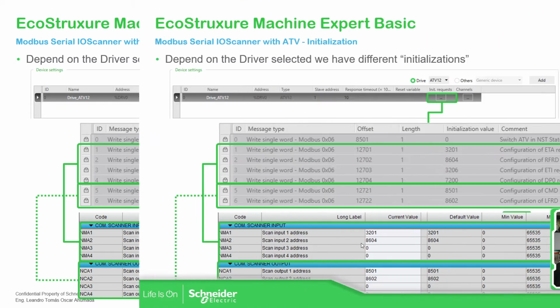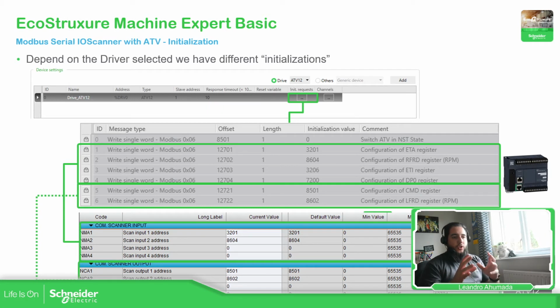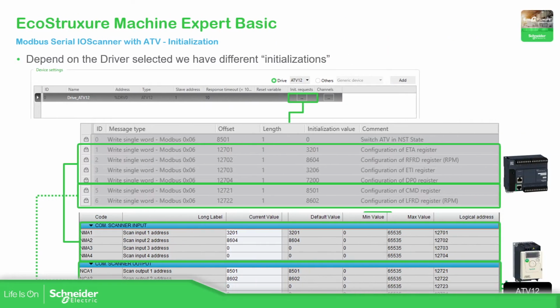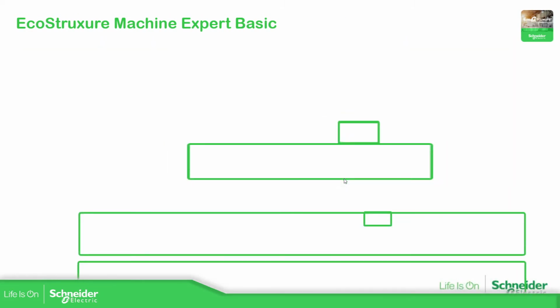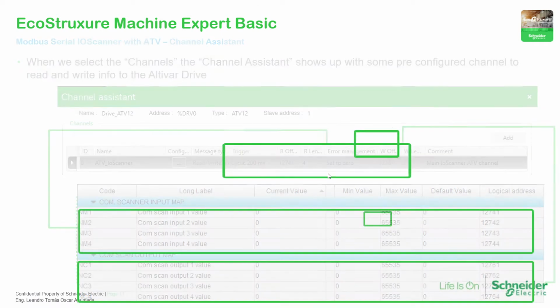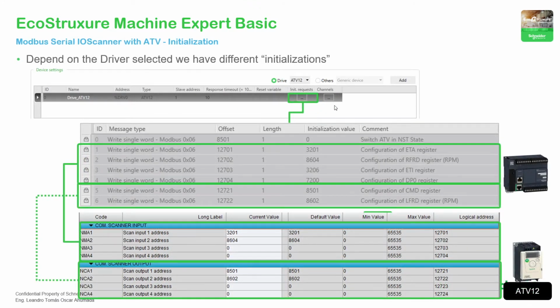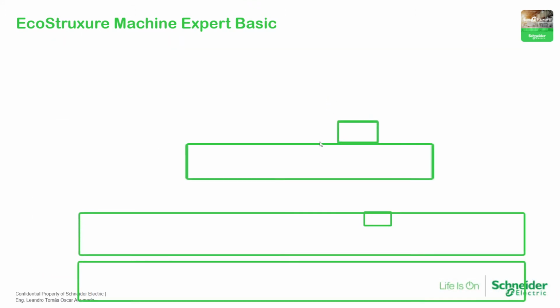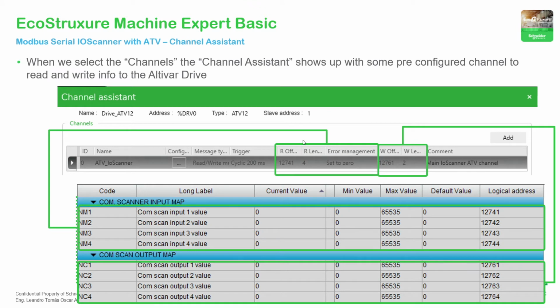So basically the initialization channel or initialization request allows the PLC to predefine this list of variables that it wants to read. That is what it does. Now, if we continue with this, probably going to change the view. Now much better. If we go to the channels that we have over here, this one, if we click on there, here we have a predefinition of the variables that we want to read.